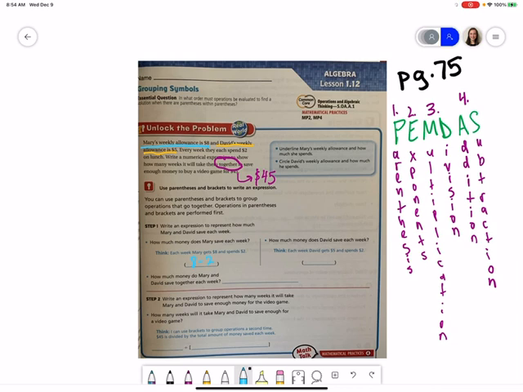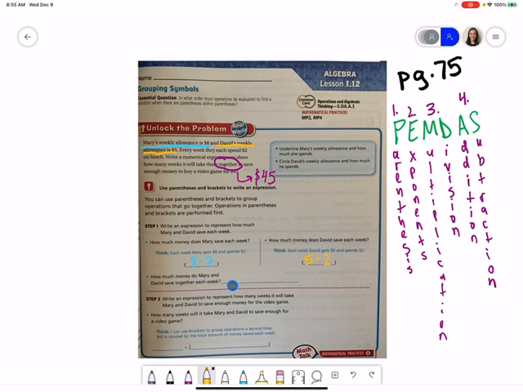So we'd have to subtract the $2. She gets 8 minus 2 every week, which we know is 6, but we're going to leave it in this form for right now. David gets how much? 5 minus 2.